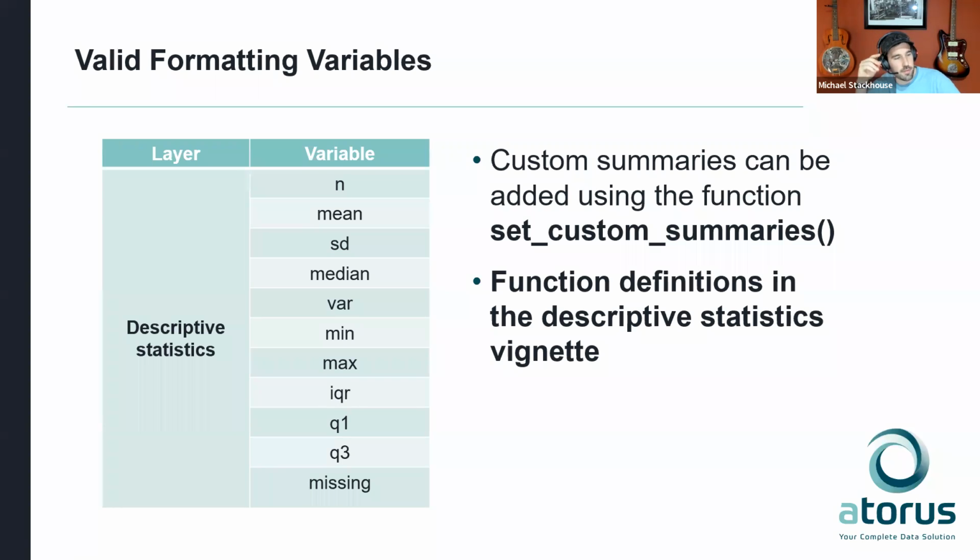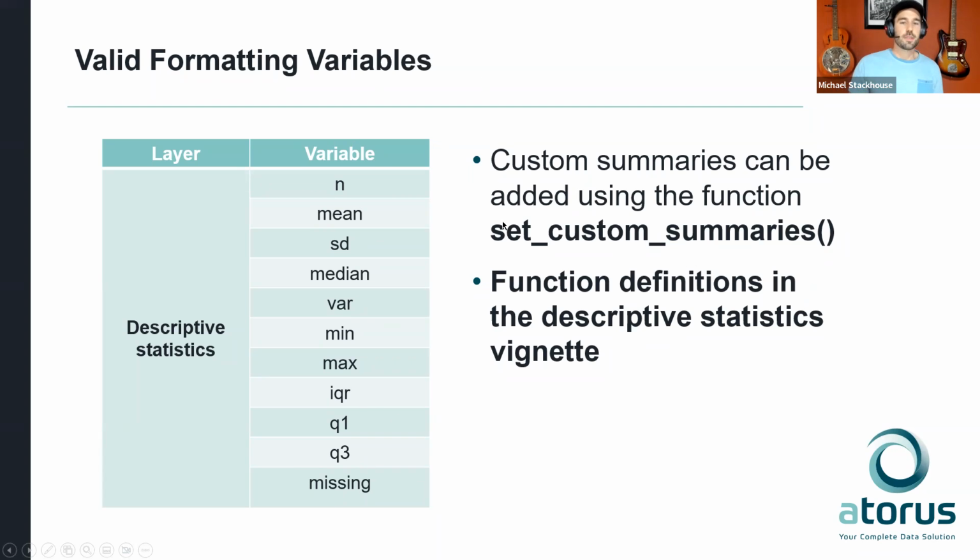In the descriptive statistics vignette, it shows you the actual functions that sit behind the scenes, because we do things like specify na.rm equals true for you, so that it automatically ignores NAs, but you can see the actual function declarations.